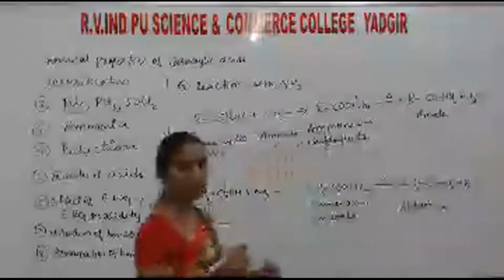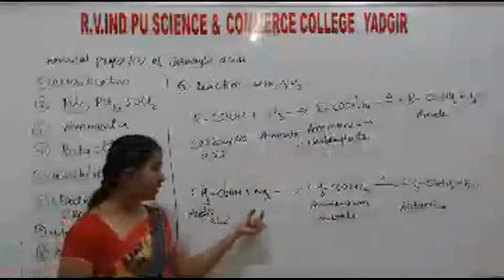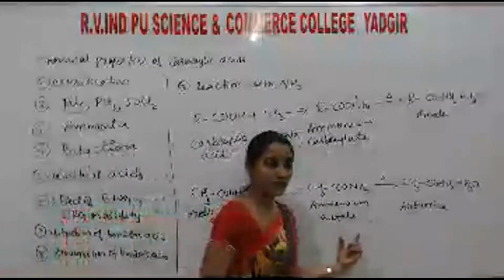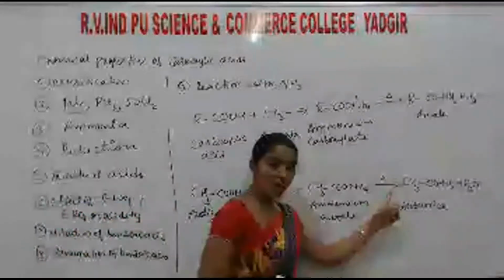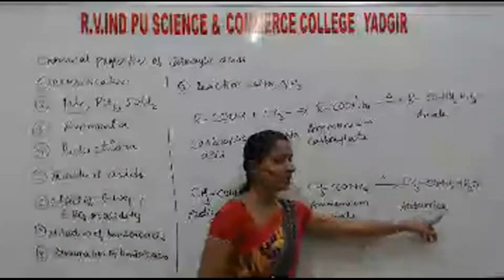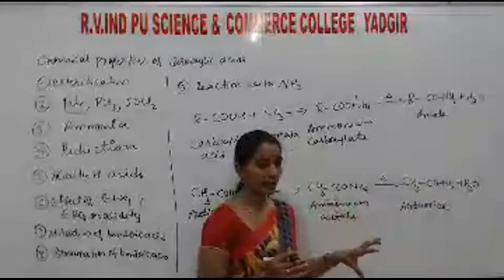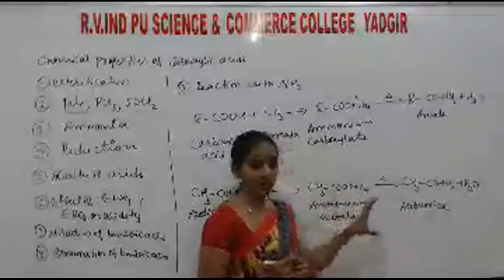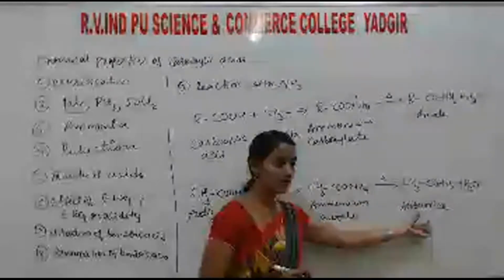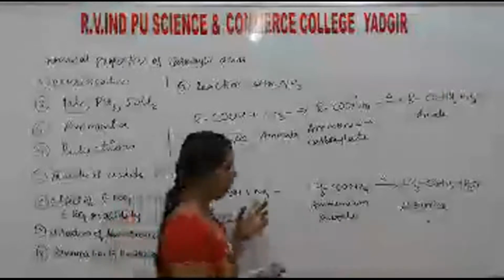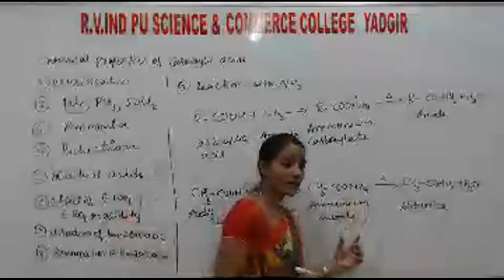How can you say the explanation? When acetic acid reacts with ammonia, it forms ammonium acetate. Upon decomposition, it gives acetamide and the water molecule. Water, you may write, you may not write. That is not important. This is important. When acetic acid reacts with ammonia, they form ammonium acetate.